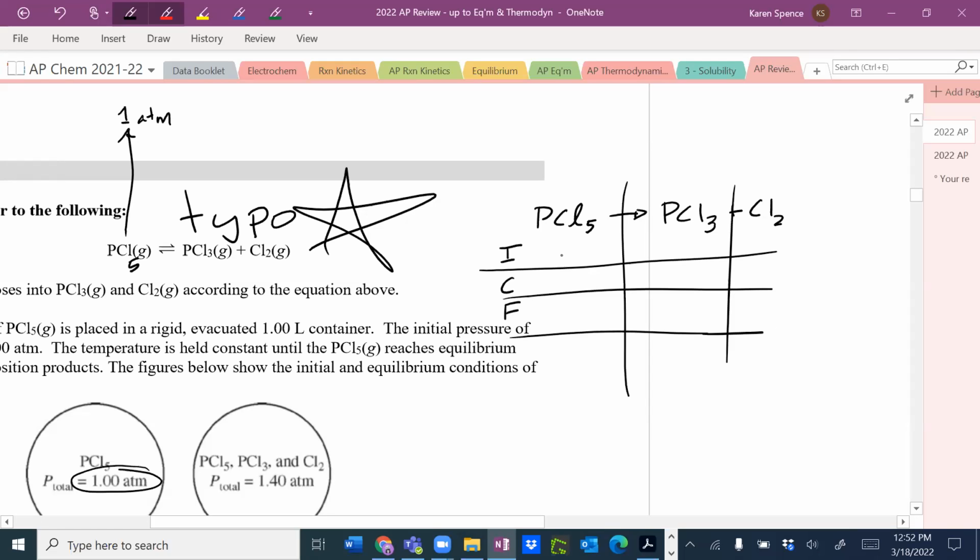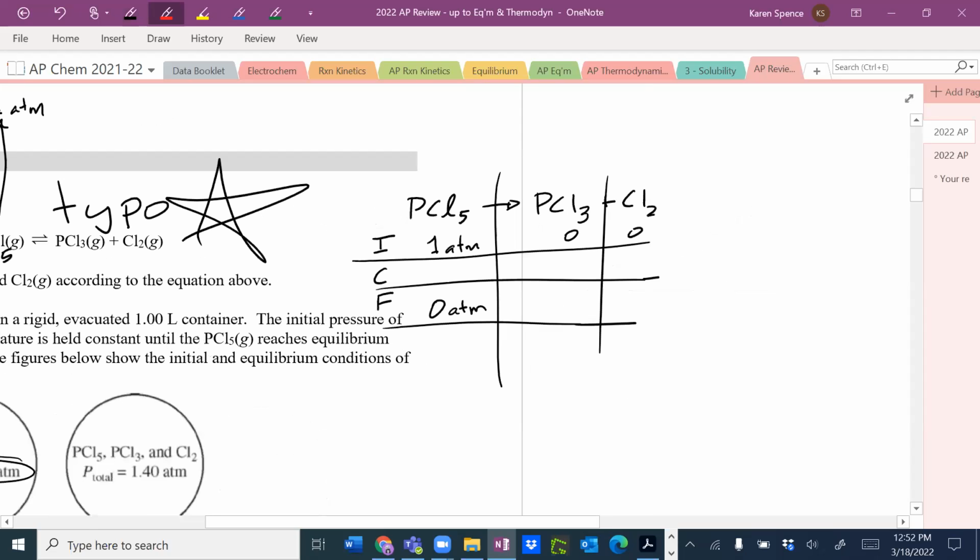So initially we have 1 atmosphere, and we have no atmospheres and no atmospheres. And then if it all gets used up, the final pressure due to PCl5 is going to be 0 atmospheres because we've got 0 moles of it left. Well, what did it turn into? It had to have used up 1 atmosphere of pressure. This had to produce 1 mole or 1 atmosphere of pressure. It's a 1-to-1-to-1 ratio. So 1 atmosphere going up by 1 atmosphere.